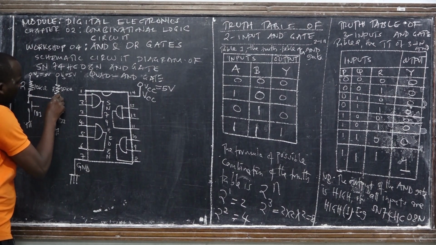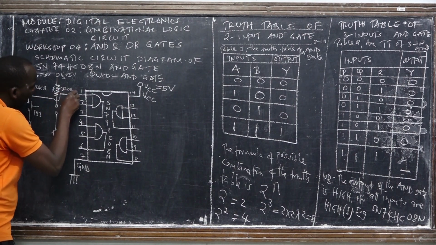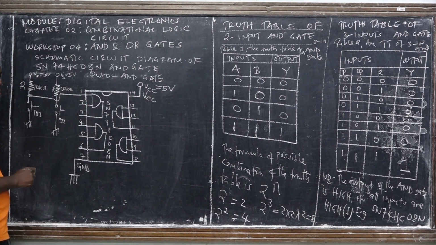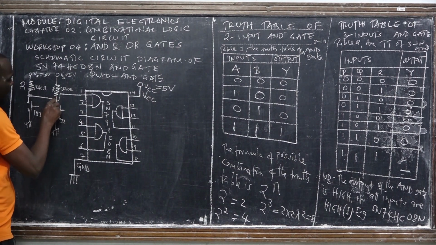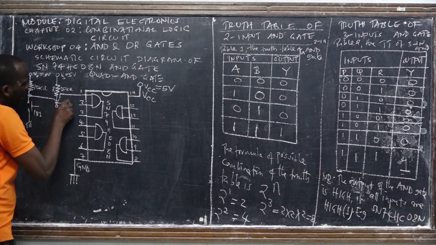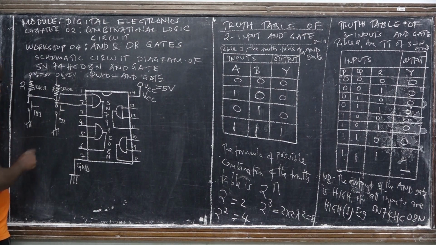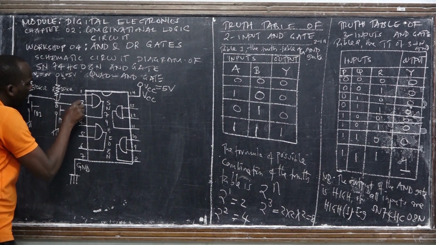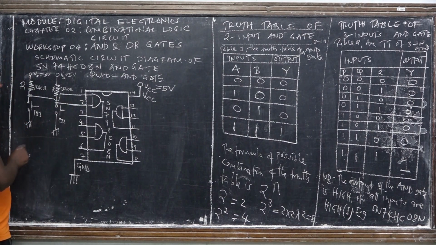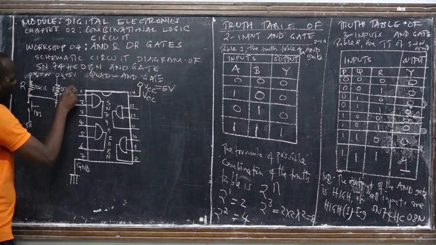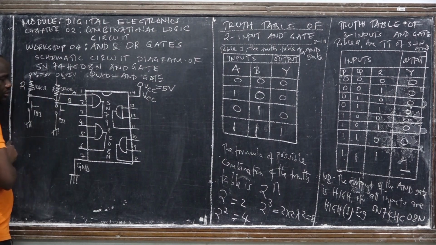This is the connection that we have, and we connect it to the first pin of the AND gate. Then we draw another input here and connect it to the second pin of the AND gate. This one represents input A, and this one represents input B.